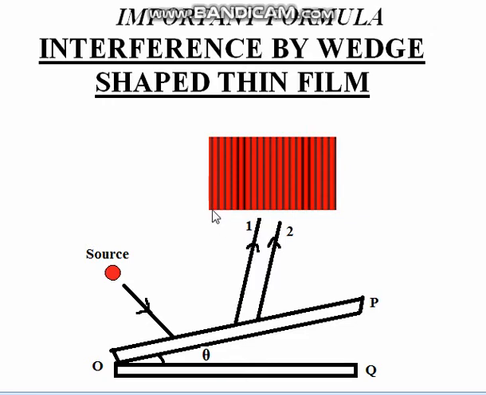For every fringe here, either dark or bright, the thickness of the film is different. Whether a fringe is bright or dark depends on the thickness, on theta, and also on the refractive index.